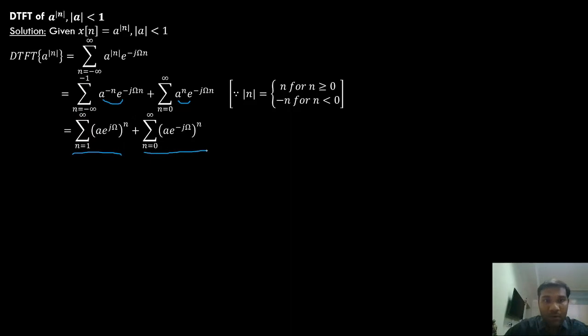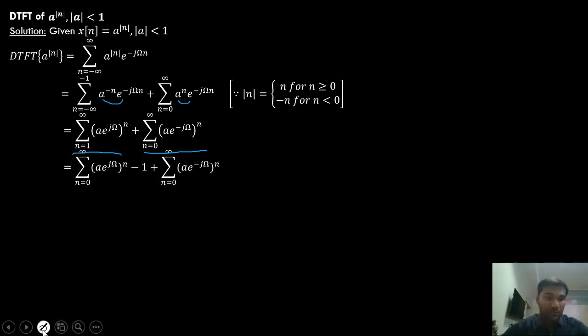This part we have already calculated the DTFT, right? And for this, here I have the limits 1 to infinity. But the standard limits for the formula which we have seen previously are n equals 0 to infinity r power n.